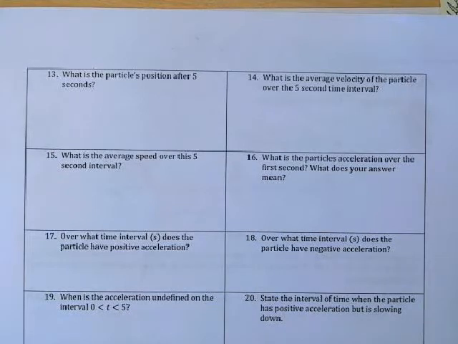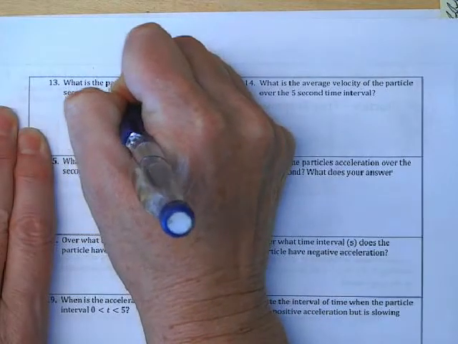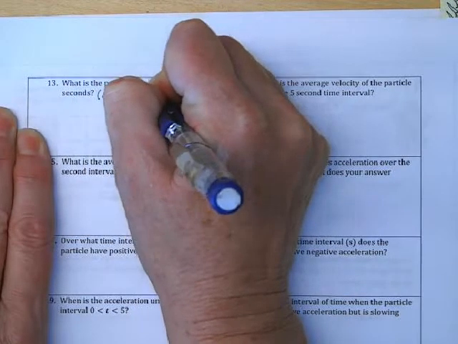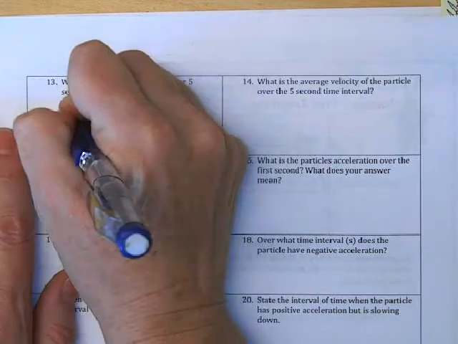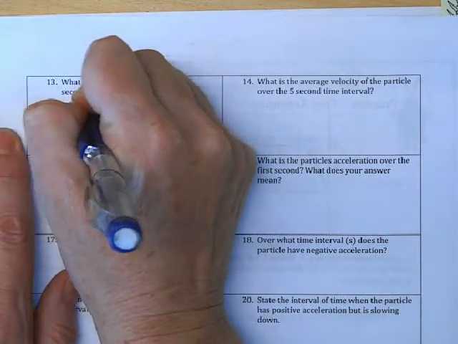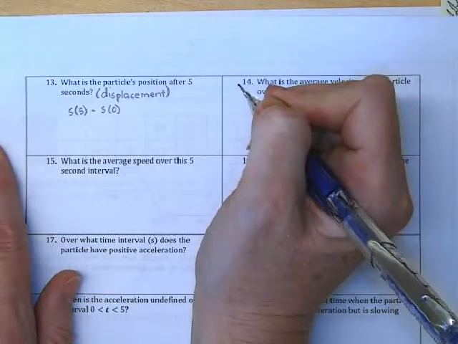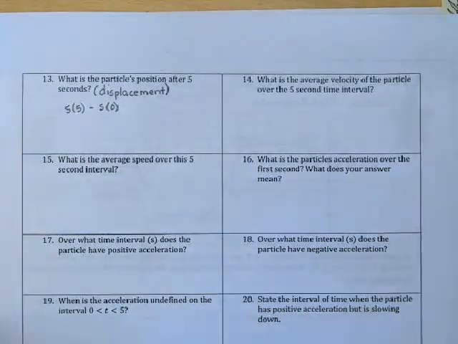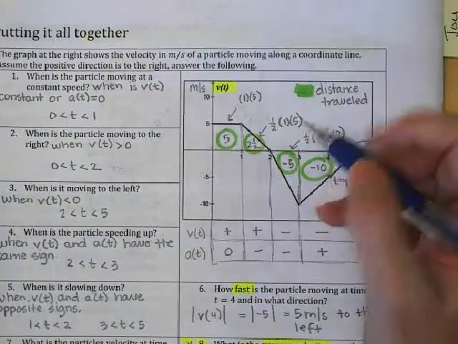Okay, so we're looking at the particle's position after 5 seconds. With this, we want to know displacement. So its position would be S of 5 minus S of 0.